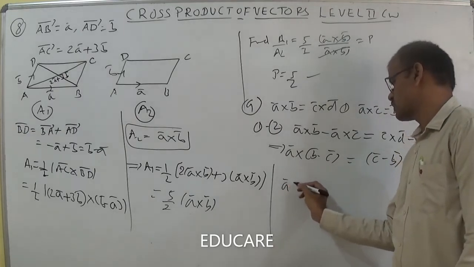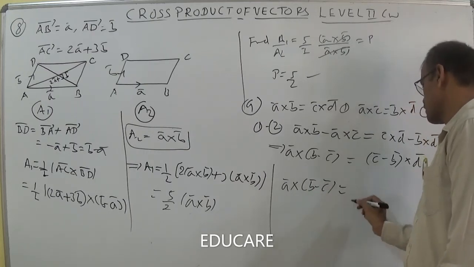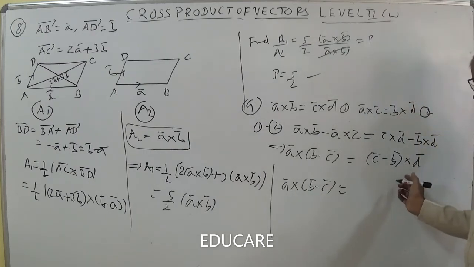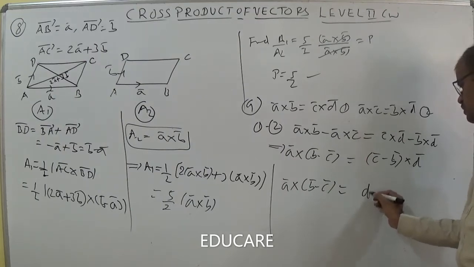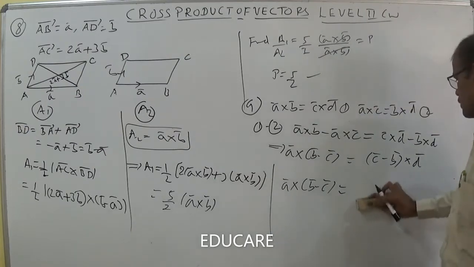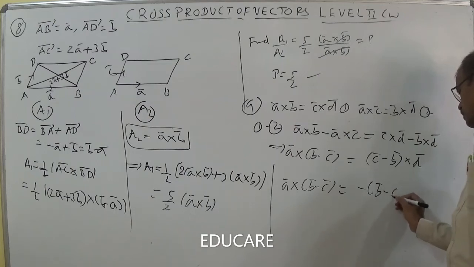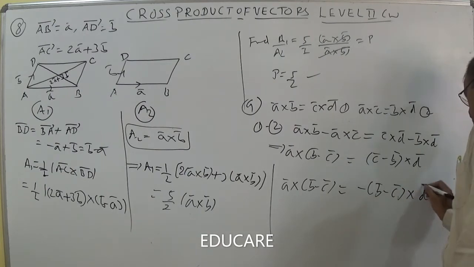Now we can write A bar cross B bar minus C bar is equal to D bar cross C bar minus B bar. Better to multiply by minus: we can write B bar minus C bar cross D bar.